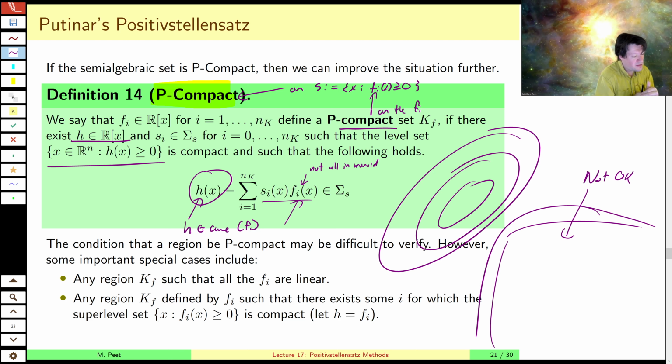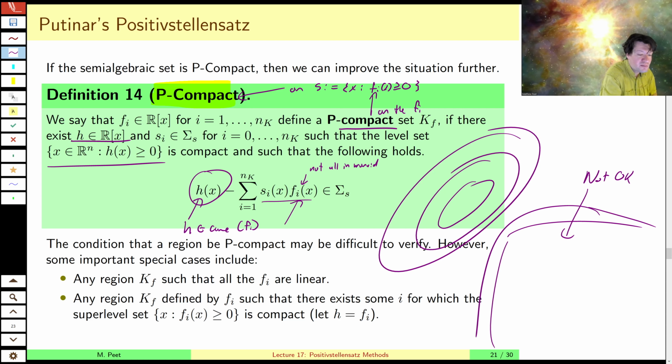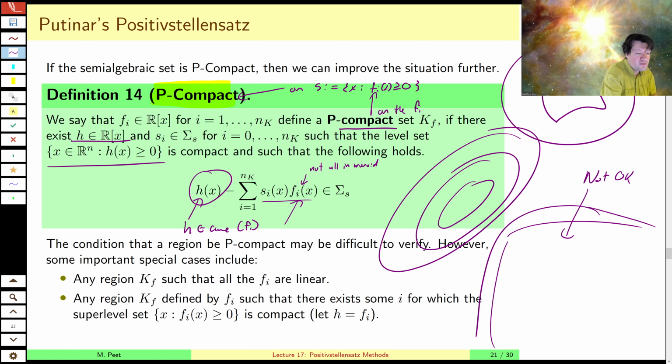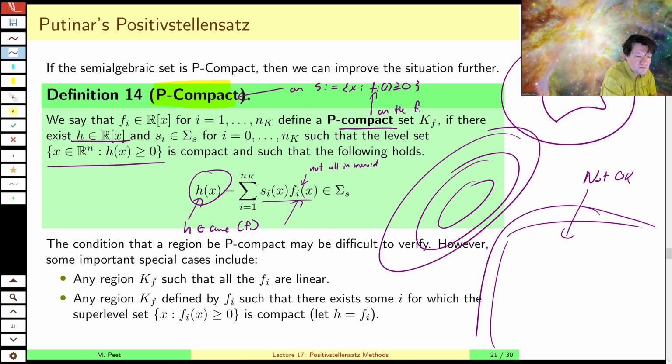However, for example, if one of the inequalities was the ball, so here's your set, and one of the inequalities that define the set is Fi of x equals x squared minus b, greater than or equal to 0, or actually b minus x squared. I get the other way around. It's the ball, and all of its level sets are the ball, so that would be sufficient, right?